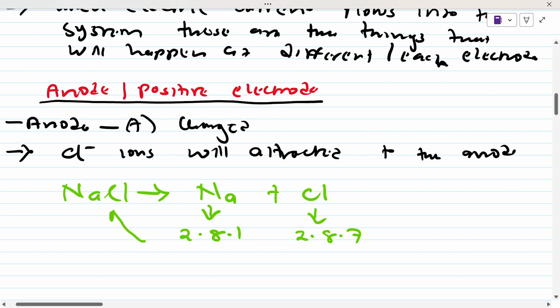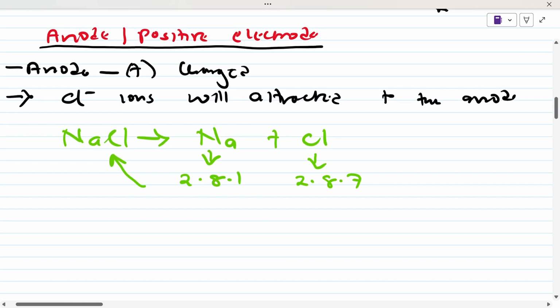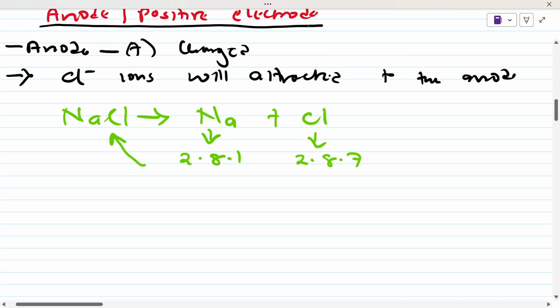For me to form this compound, sodium will lose one of its electrons, and chlorine will gain the donated electron so that they can be stable. The key thing here is to attain stability.